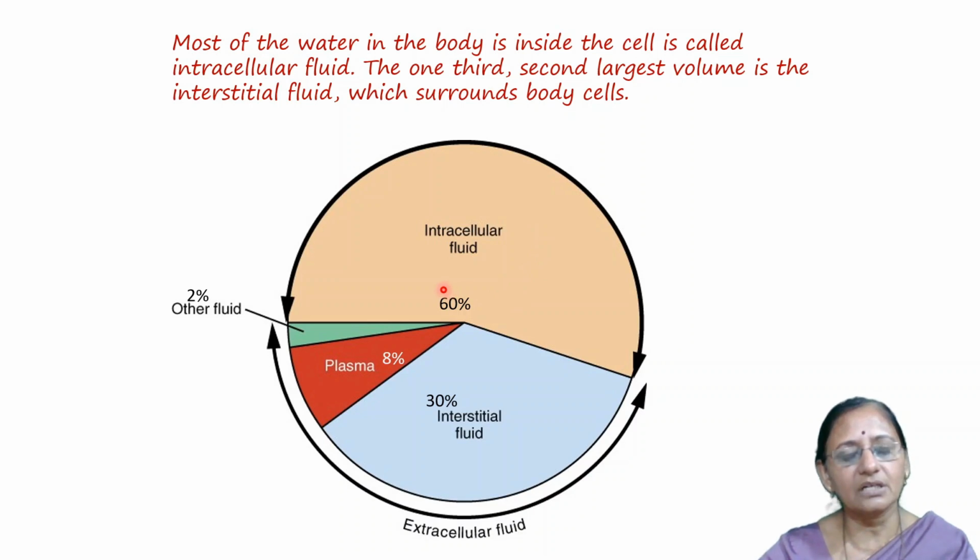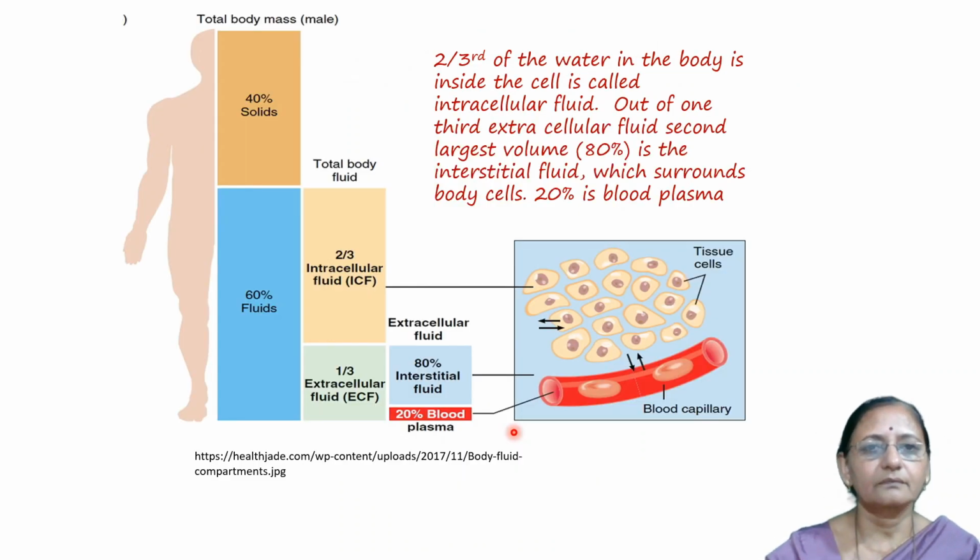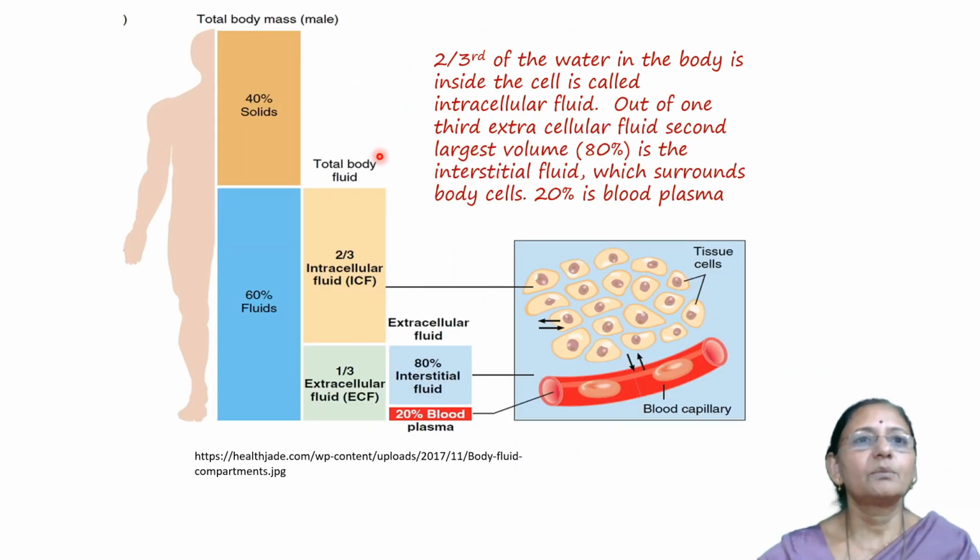If we consider all body cells, there is 60% of the fluid portion in them. Here the total body mass of the human male is considered, about 40% solids and 60% fluid portion.